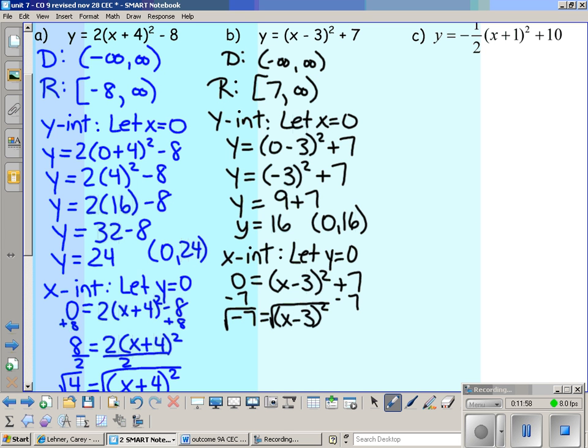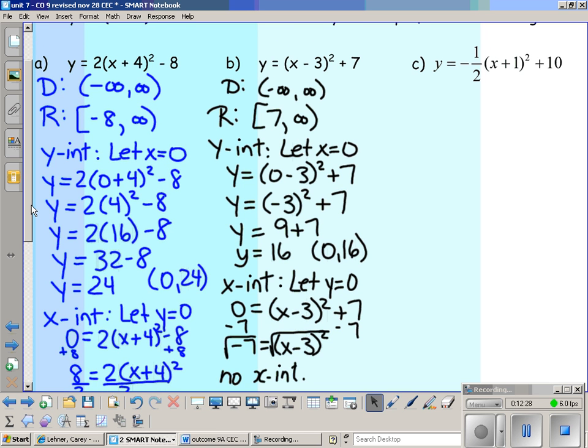Hopefully you remember that this is not possible. You cannot find the square root of a negative value. You will get an error. At this point, if that number you are square rooting is negative, there are no x-intercepts. So this would be one of those parabolas that either opened up starting above the x-axis or opened down starting below the x-axis. So you would be done.